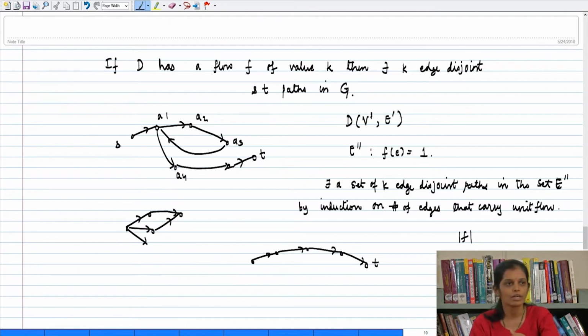But I have also reduced the number of edges that are carrying unit flow, because I have deleted at least one edge, and maybe possibly more. Therefore now I can apply my induction hypothesis: if I have a flow f prime with this value and fewer edges carrying unit flow, then I have f prime many edge disjoint paths from S to T, plus the one path that I have extracted. Therefore I complete my argument in this case.